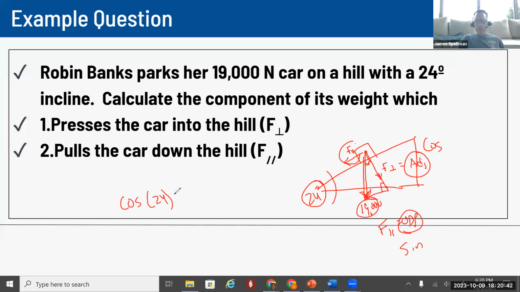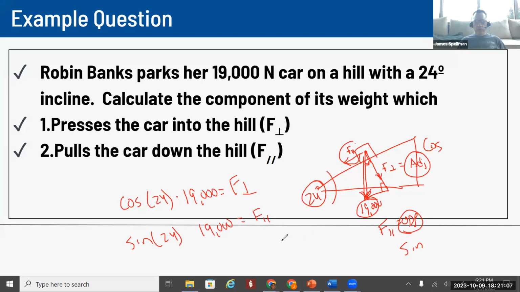And so I'm going to multiply that times the hypotenuse. And that should give us our perpendicular amount. If we do the same thing with the sine, that should give us our parallel force. And if you want to put those in the calculator, we should get the correct answers.